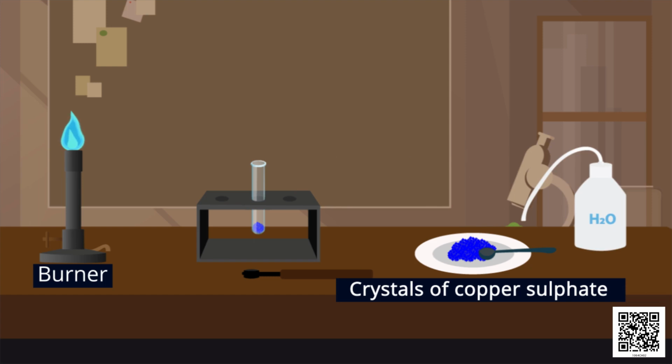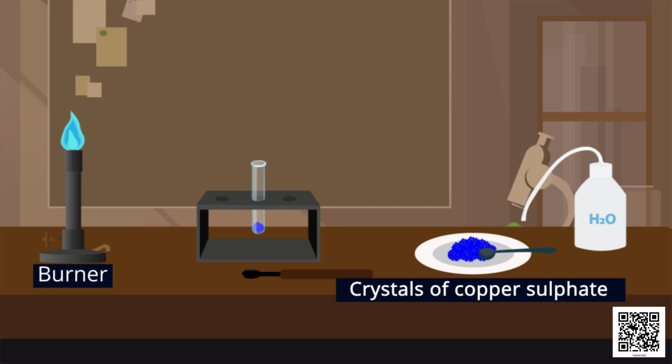Children, let me now explain all this to you. Copper sulfate crystals, which appeared dry to you, actually contained water of crystallization. When we heated the crystals, this water was removed and was visible to all of us in the test tube.